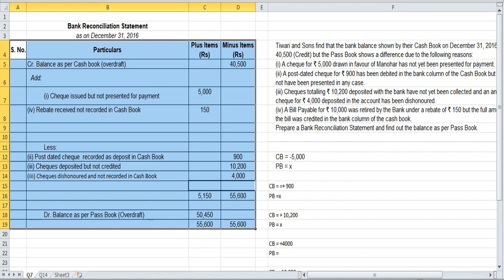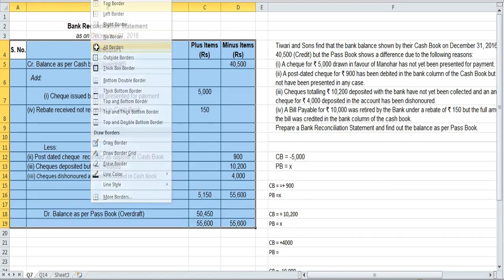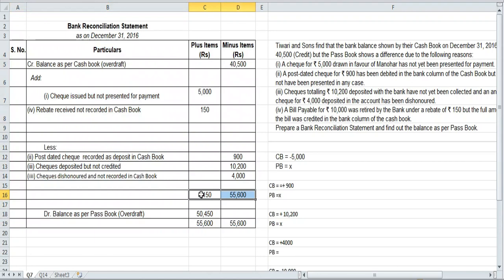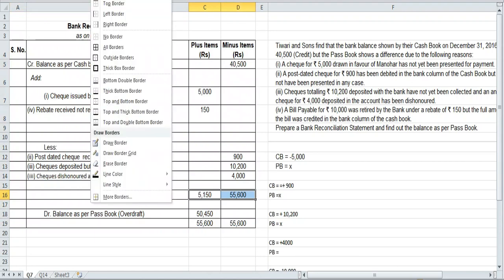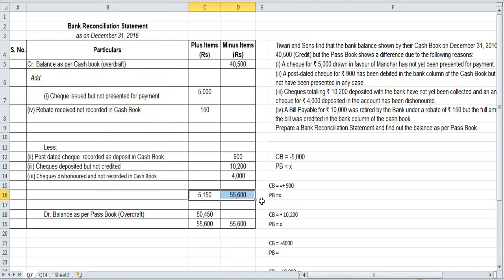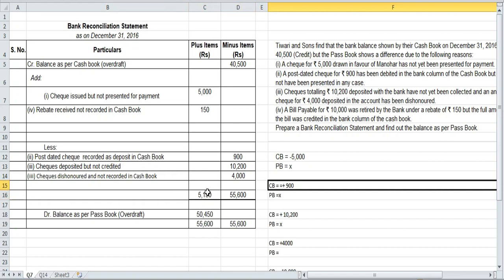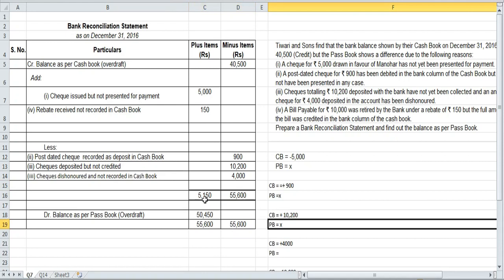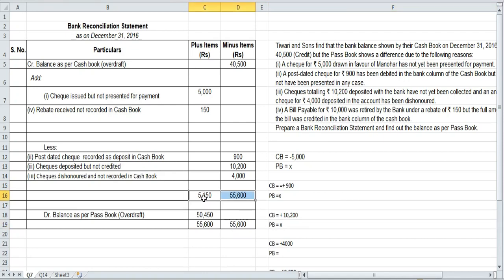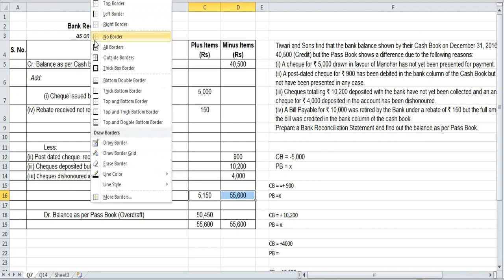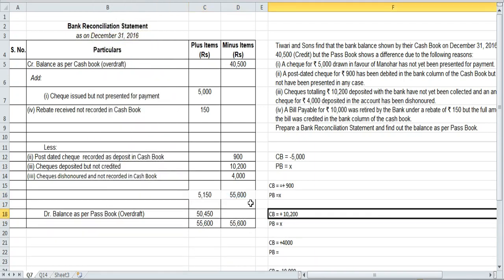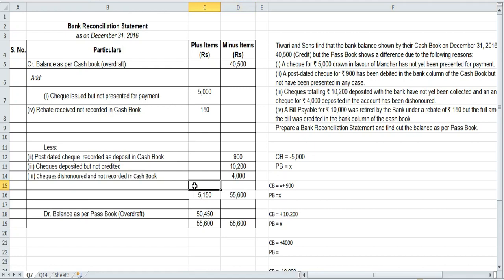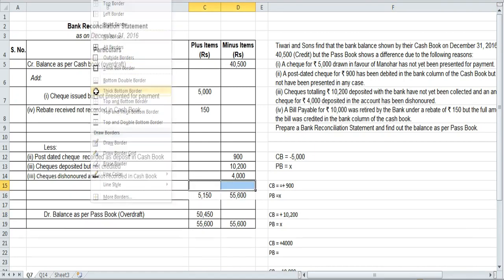So we'll make all borders, and here we'll make thick bottom.